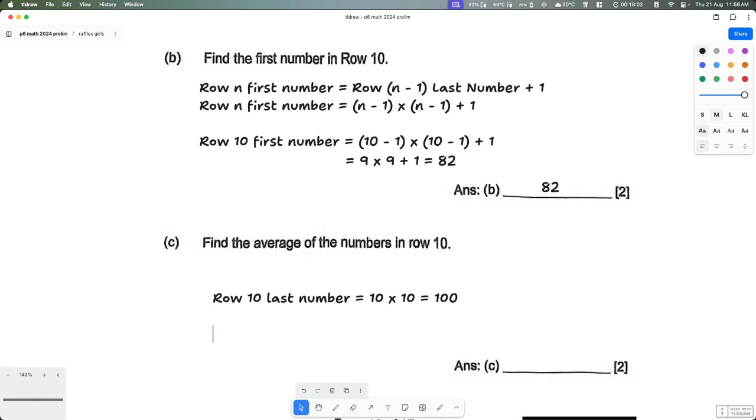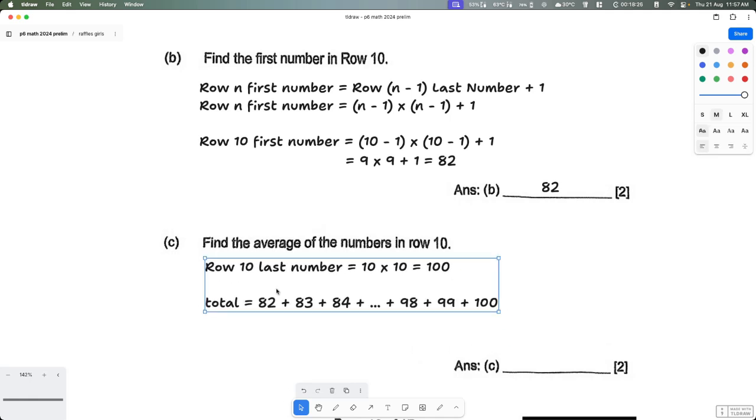So now we want to get the total, which is equal to 82 plus 83 plus 84, and then plus dot dot dot plus 98 plus 99 plus 100. Okay, all right, so then we will just add the numbers in between like this.